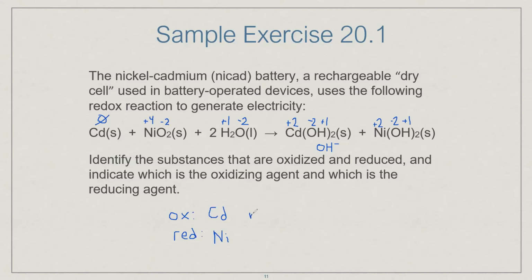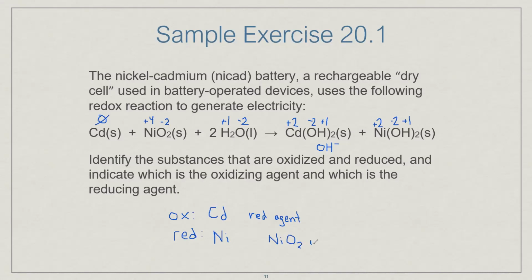And then I'm just going to put red agent, but that'll make the cadmium our reducing agent. And then when we look at the oxidizing agent, we're going to consider the nickel 4 oxide, excuse me, to be the oxidizing agent.